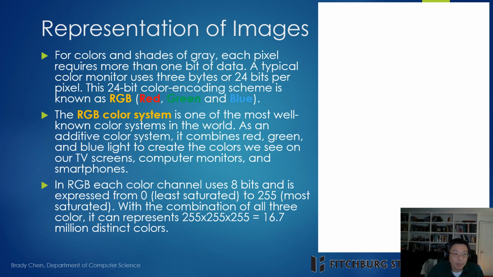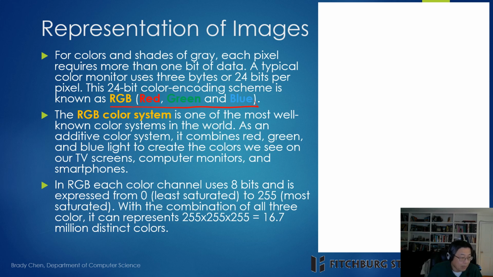This 24-bit color encoding scheme is known as RGB, which represents red, green, and blue. The RGB color system is one of the most well-known color systems in the world. It is an additive color system that combines these 3 base colors to create the colors we see on our TV screens, computer monitors, and smartphones.